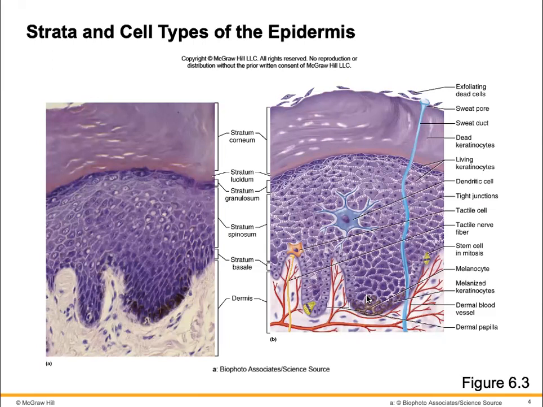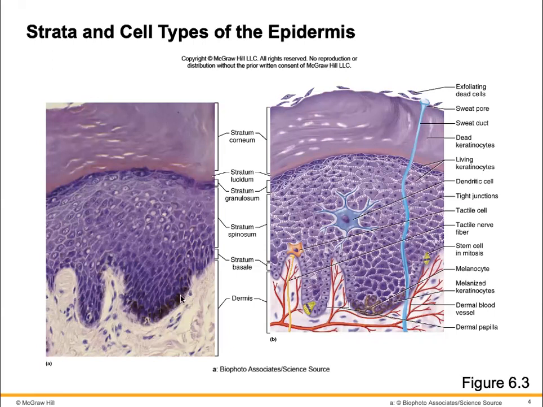You're not really able to distinguish these cell types in this particular layer using regular staining processes, but you can almost always spot your melanin, because melanin is a brown pigment that shows up. If we look at the true histological image, which is 6.3a, you'll notice that there's this brown layer.